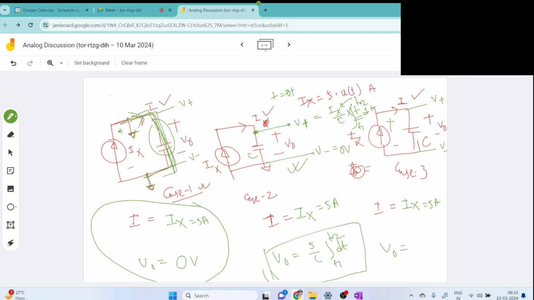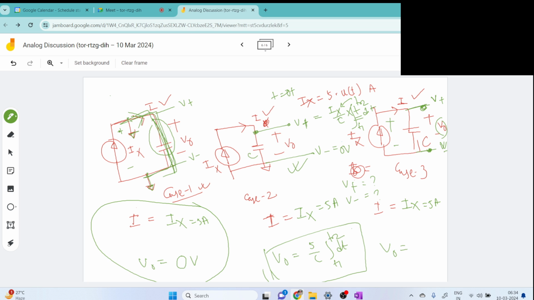Now what will be this case and this case? Can we directly comment on what is the V plus and what is the V minus? No, we cannot directly comment on this V plus and this V minus, but we can comment on V out, because V out is the difference between this node and this node.